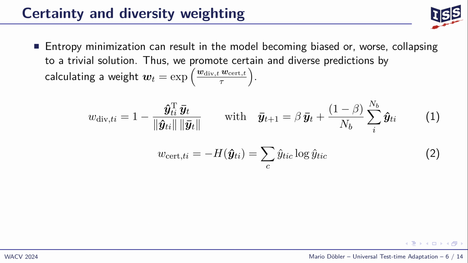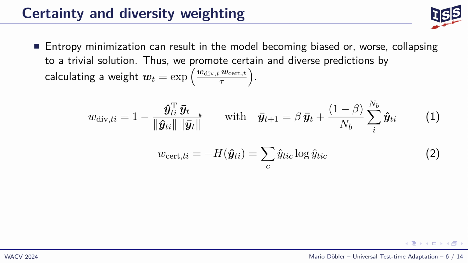So going into certainty and diversity weighting, entropy minimization can result in models becoming biased or worse, collapsing to a trivial solution. Therefore, we propose certain and diverse predictions by calculating the weights shown here. So we have diversity weights, which are 1 minus the cosine similarity between our current predictions and an exponential moving average of our recent predictions.